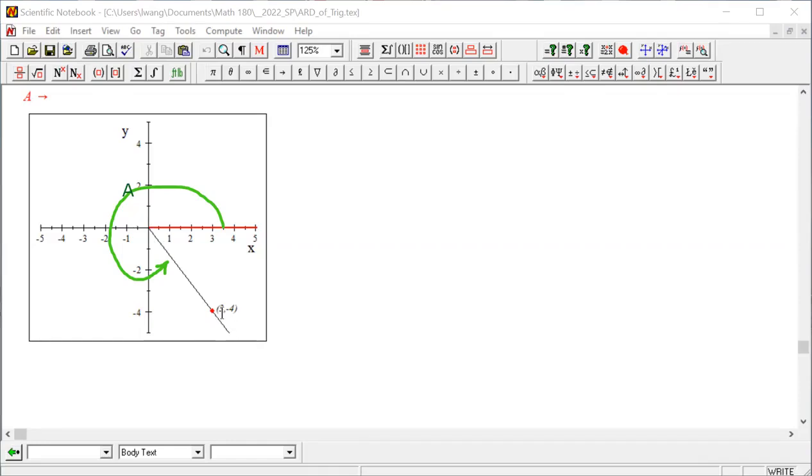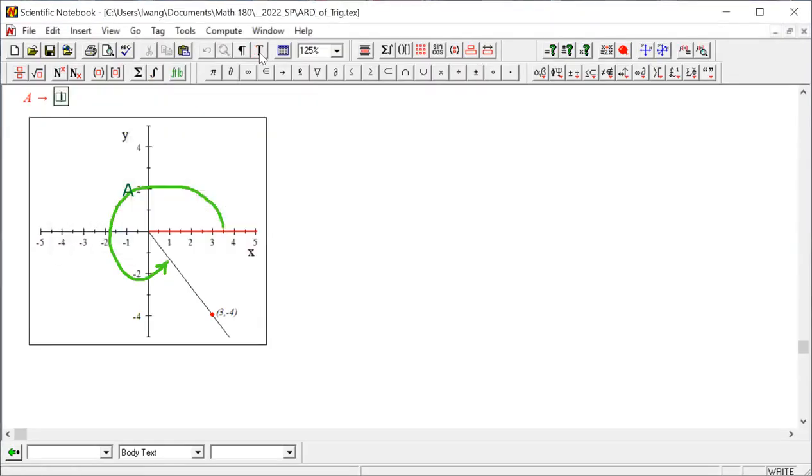And the point I choose is 3, -4. With that choice, I know what is x, what is y, and what is r. Once again, I know sine is a function. It produces a ratio, and that ratio is y over r.